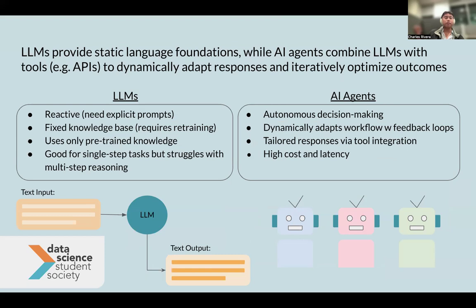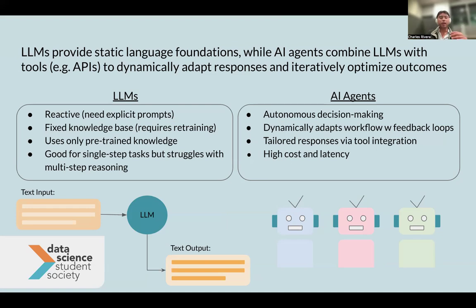We know that LLMs are very reactive, meaning it's that back and forth interaction you have with the LLM. There's a lot of human input and it's not autonomous. However, AI agents are able to take the prompt once from the user and afterwards iteratively improve upon the responses and give a detailed response that is very tailored to user preferences in a way that doesn't require the user to be at every step.